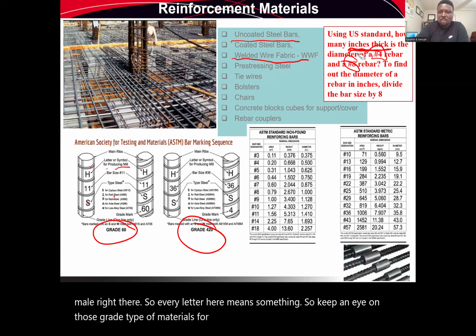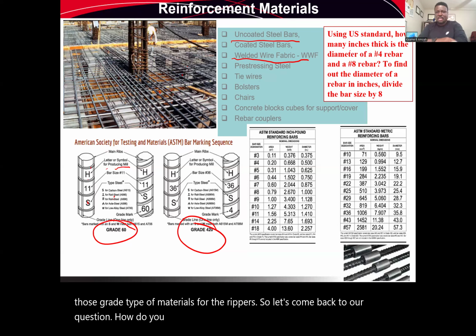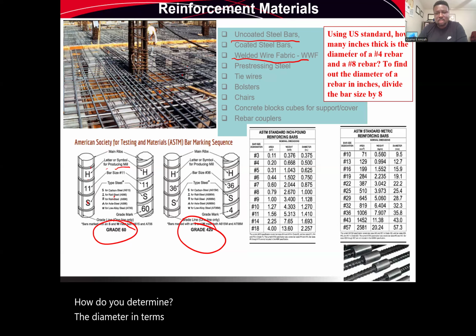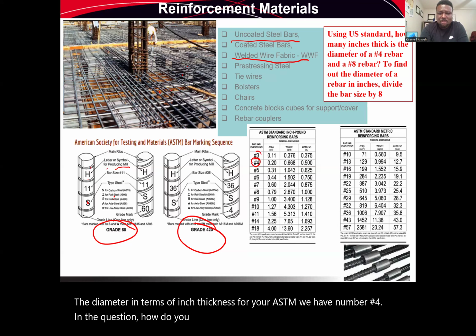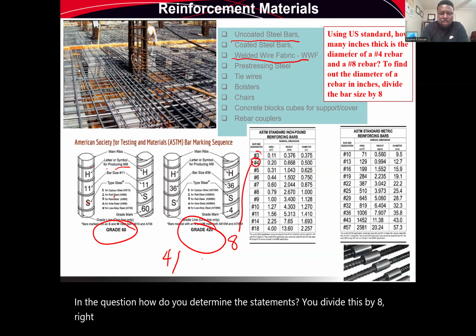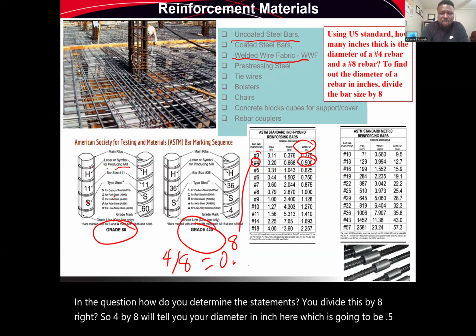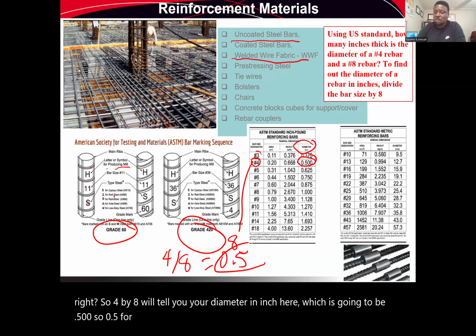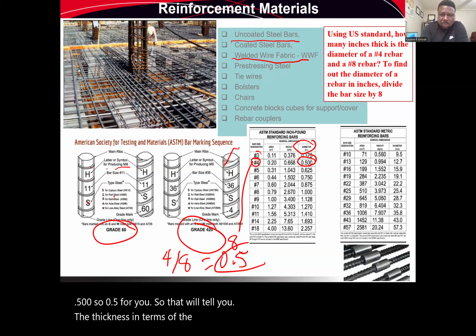So let's come back to our question. How do you determine the diameter in terms of inch thickness for your ASTM? We have number 4 in the question. How do you determine its thickness? You divide this by 8, right? So 4 divided by 8 will tell you your diameter in inches, which is going to be 0.500, so 0.5. That tells you the thickness in terms of the diameter of your bar, right?